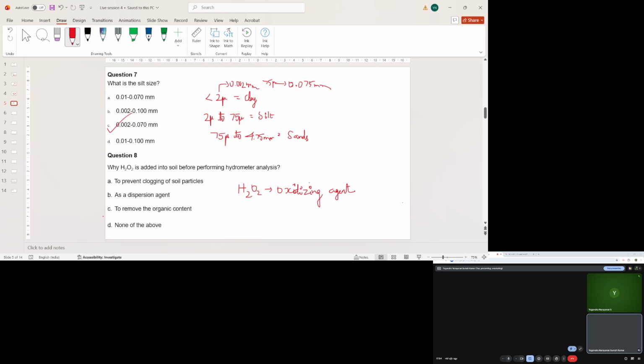Hence, H2O2 is used to remove the organic content from the soil as it is a strong oxidizing agent.